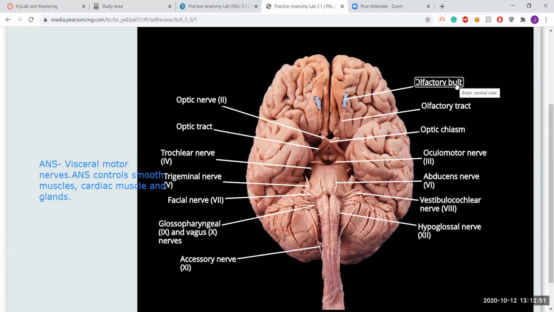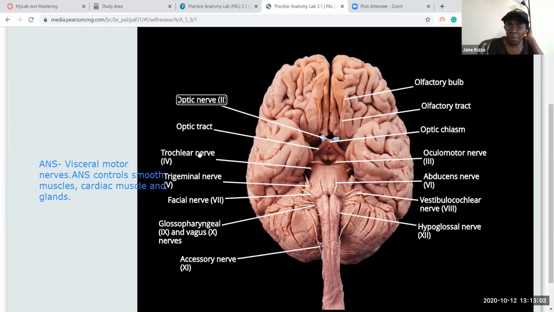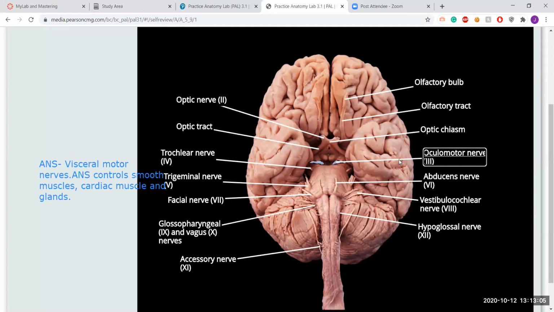Let's go over the functions. The olfactory nerve is responsible for smell. The optic nerve is responsible for vision. The oculomotor nerve is responsible for movement of the eye. Trochlear is also responsible for movement of the eye.